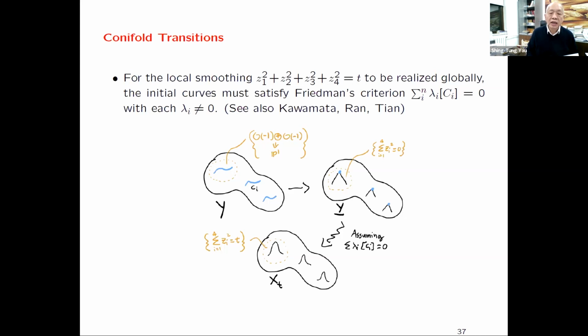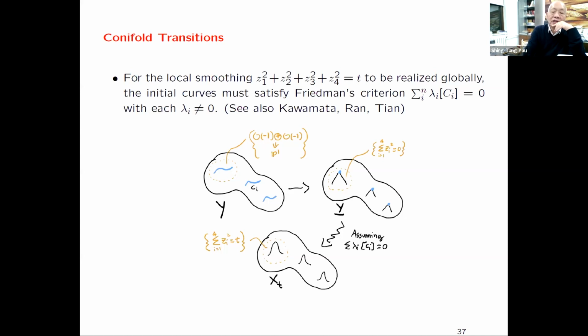And the general case was worked out, showing that the Kodaira-Spencer obstruction can be overcome, was done by several authors. And so now we know that we can always make it a non-singular manifold.